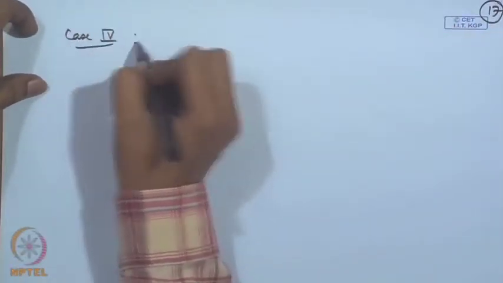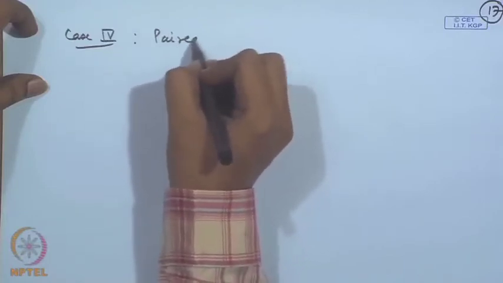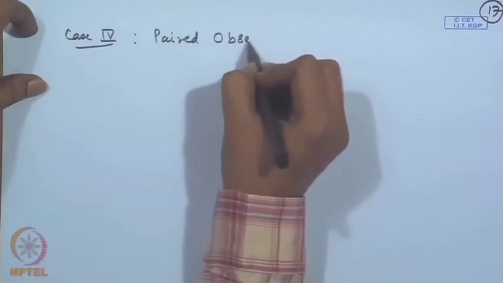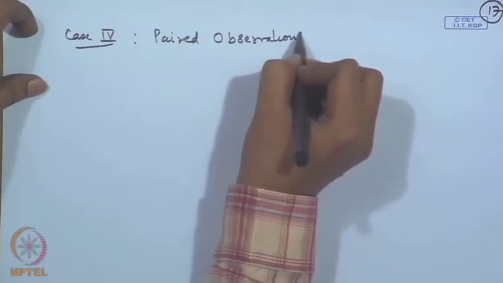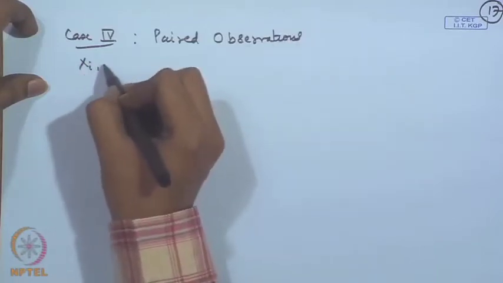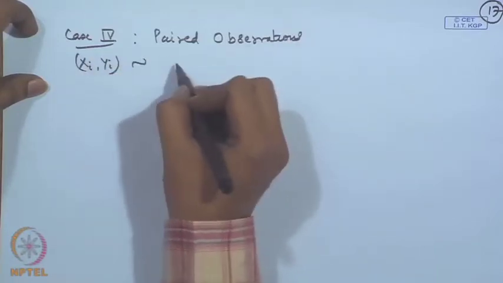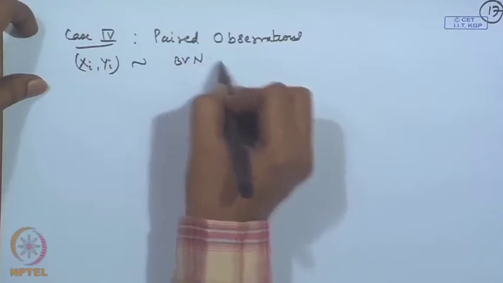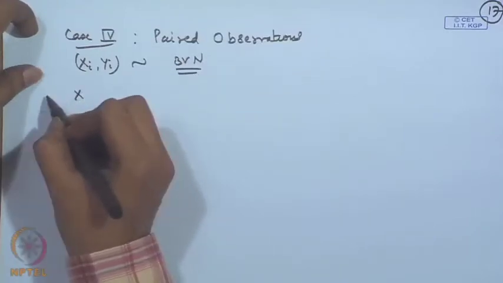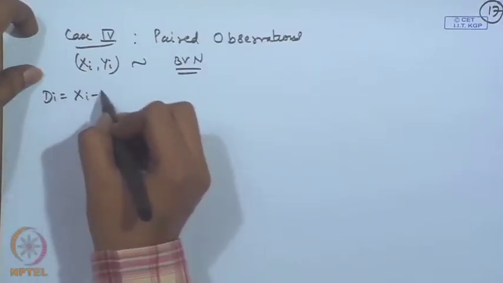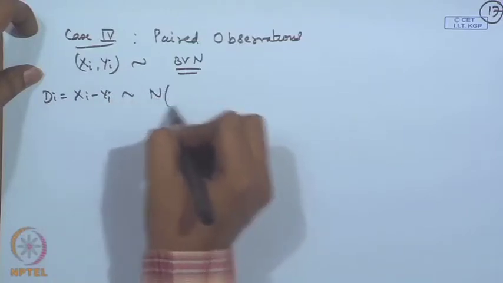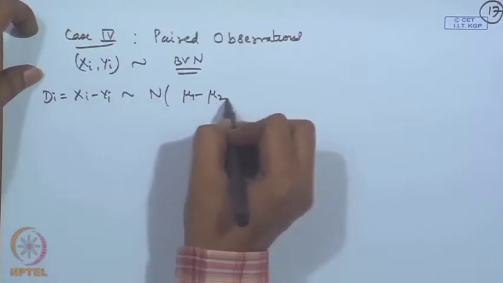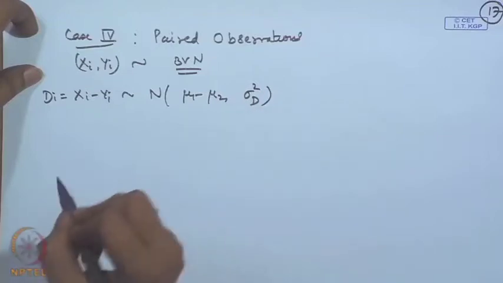Case 4, that is paired observations. As before, we are considering (X_i, Y_i), which follows a bivariate normal. In that case, if I consider D_i equal to X_i minus Y_i, that follows normal with mean mu 1 minus mu 2 and some variance sigma_d square.